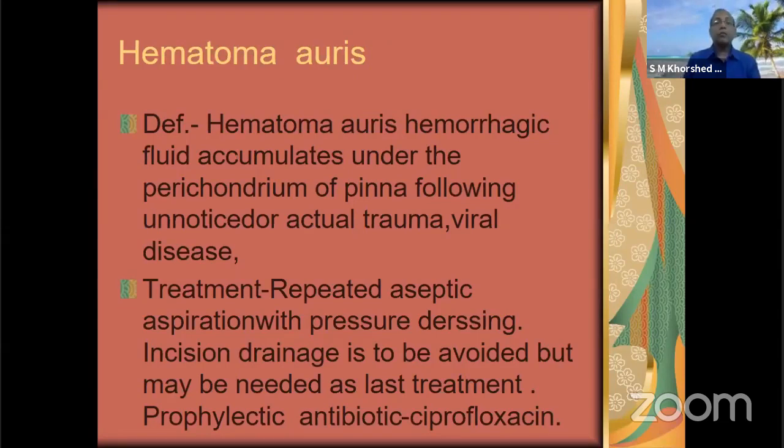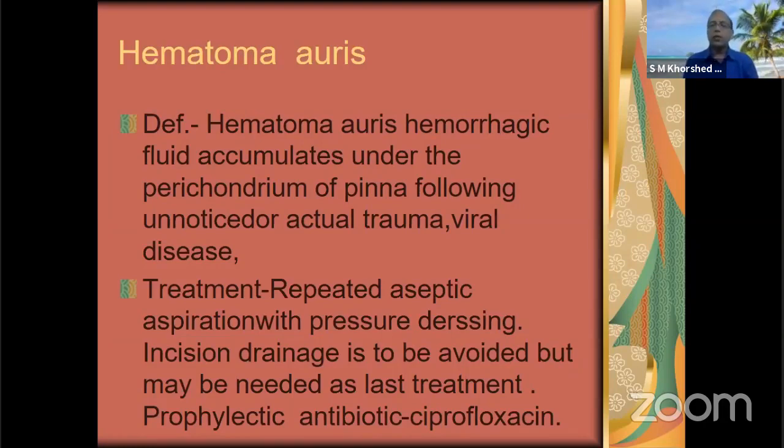Now we'll come to the diseases of the pinna. One of the diseases is hematoma auris. Hematoma auris, or hemorrhagic fluid, accumulates under the perichondrium of the pinna following unnoticed or actual trauma or viral disease.